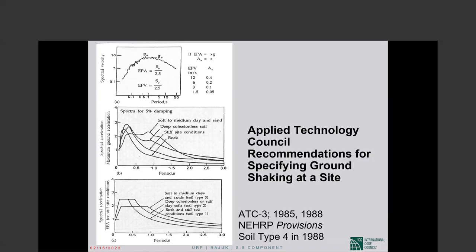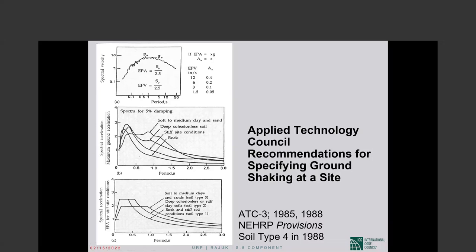This document, after modifications, became the first 1985 edition of the NEHRP provisions, National Earthquake Hazards Reduction Program provisions. That set of provisions was published or updated every 3 years under federal funding until 2009.